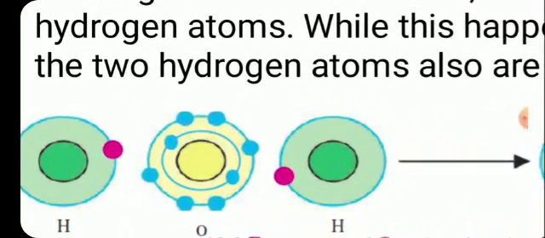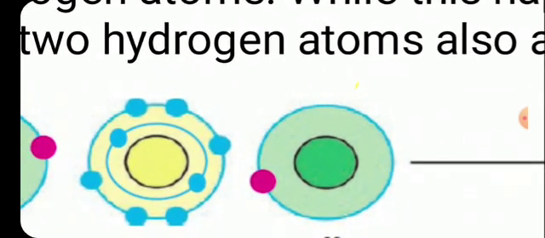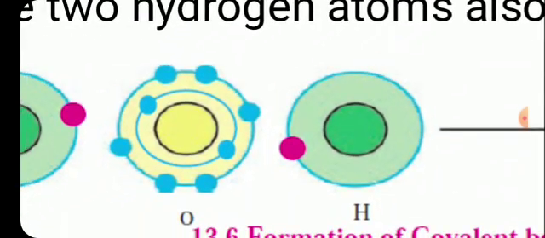Hydrogen atom has only one electron in its K shell. Here in formation of water molecule, 2 hydrogen atoms and 1 oxygen atom are taking part. These 2 hydrogen atoms are short of duplet. They require 1 electron in order to complete their duplet stable state.